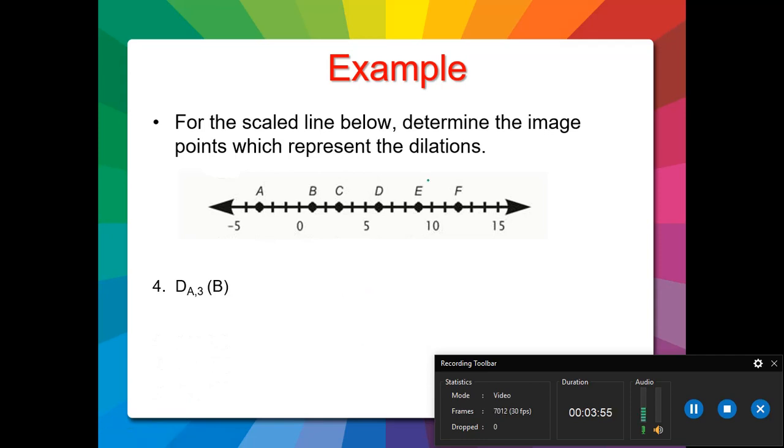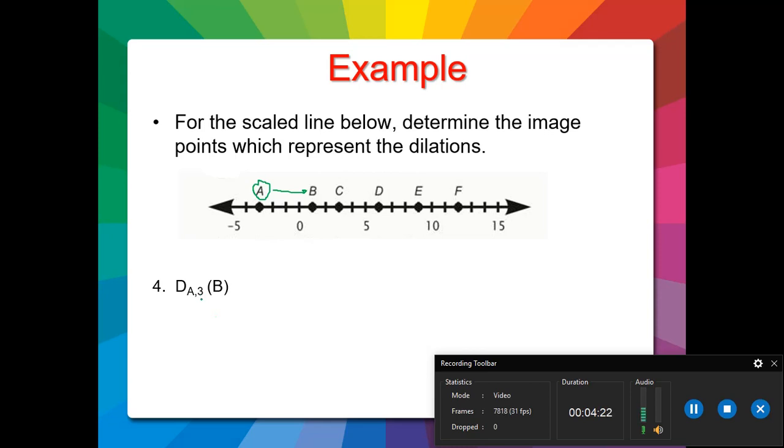For the next example, we're going to use the number line. We're going to dilate various points and we're going to change our center of dilation. So reading the information is really important. We're going to dilate using a center of dilation at A. So this is my center. We're going to dilate point B. What I want to know is how many blocks away are A and B. And it looks like if I count them, there's 4.